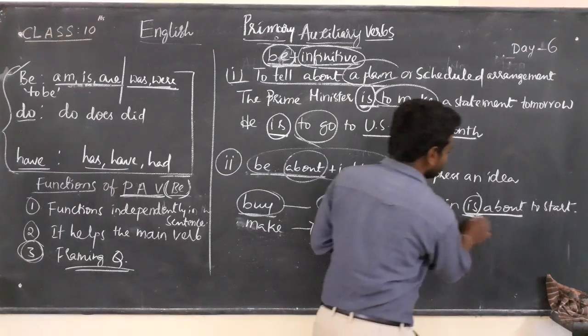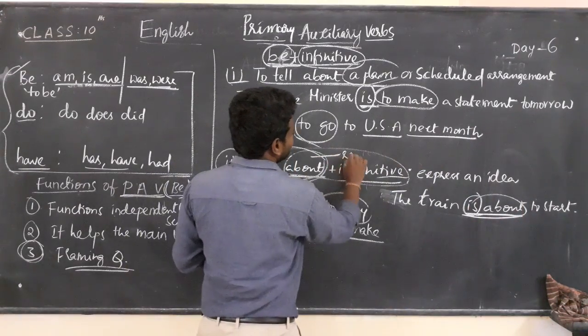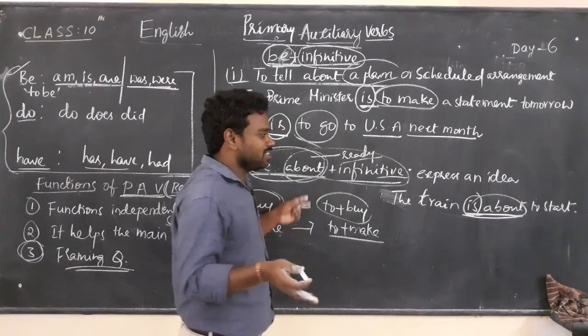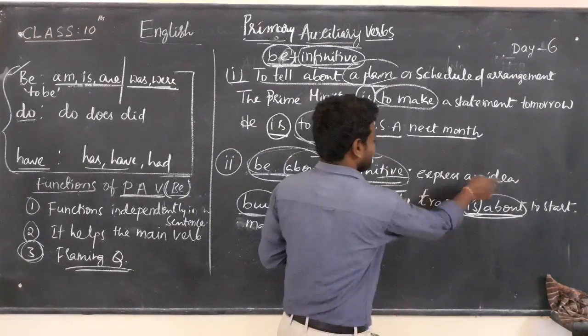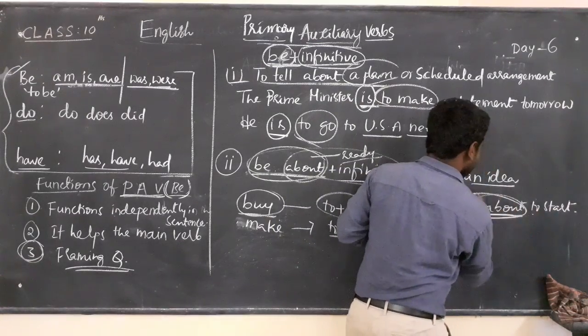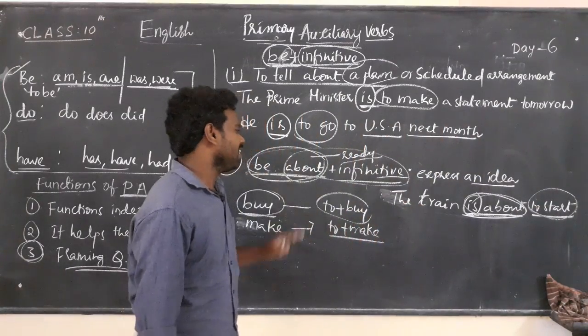So the meaning of be about is ready. It's already ready and it is about to leave. The train is about to start: is about plus "to start," an infinitive form.